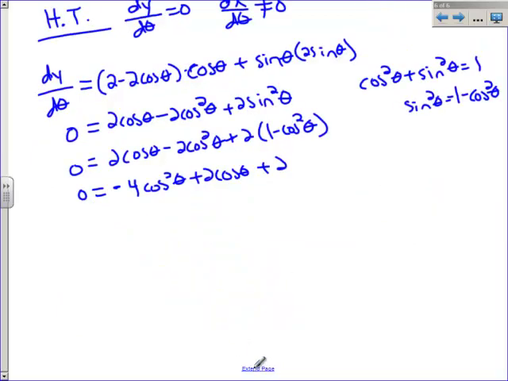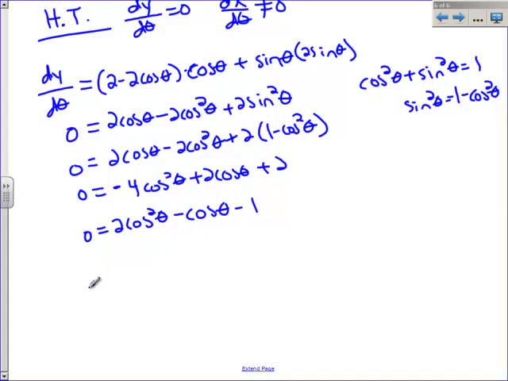So now I have a quadratic in terms of one trig function. Let's go ahead and divide this through by negative 2. There we go. I wanted to have my squared term positive.